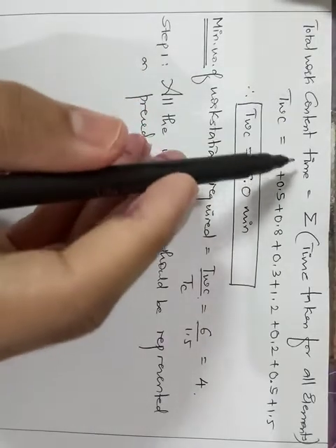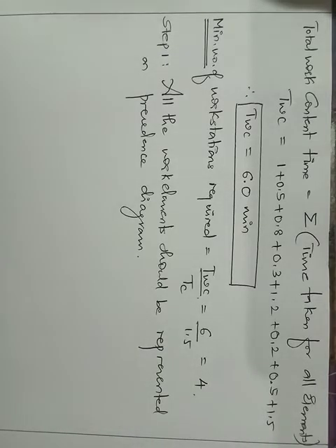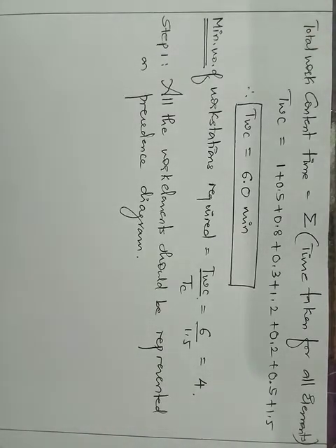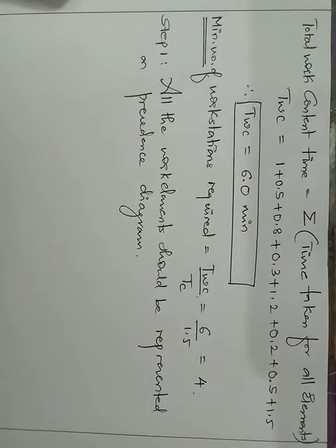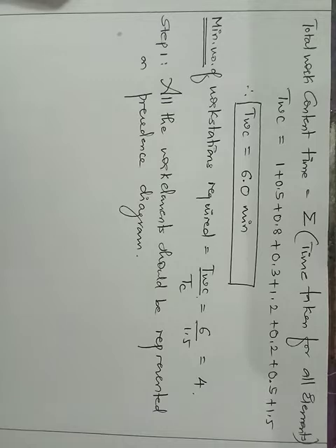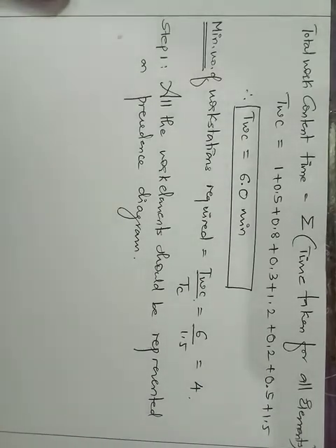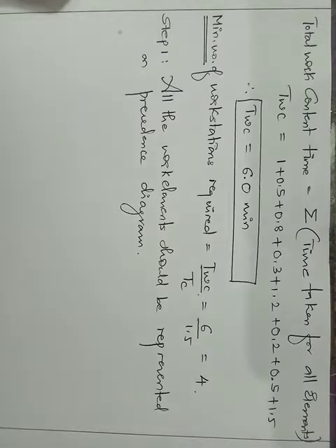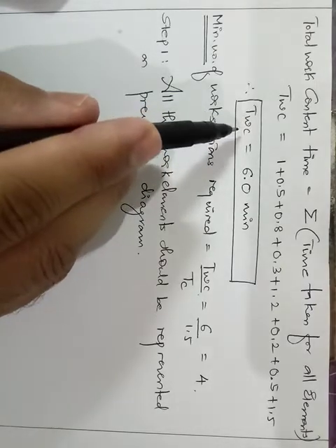Total work content time. You are having various work elements which are given in your problem. In this problem there are 8 work elements. If you sum up the time required for all the work elements, we call it total work content time, denoted by T subscript WC.